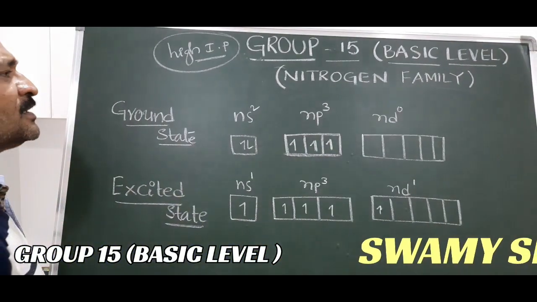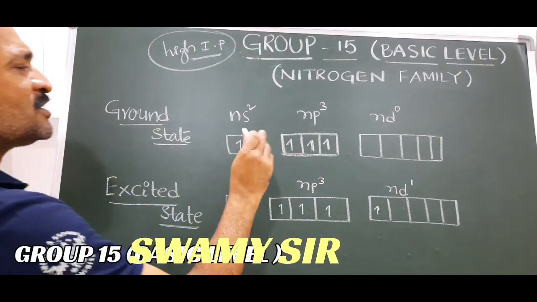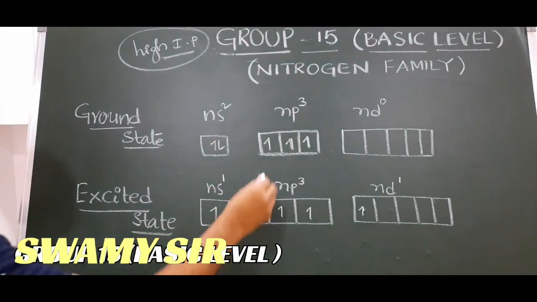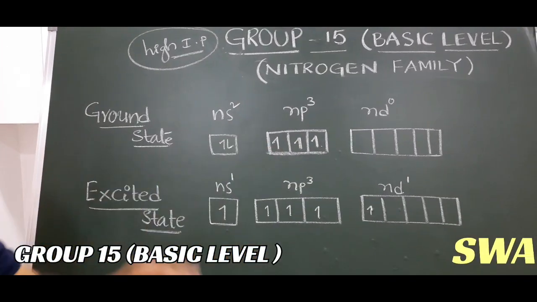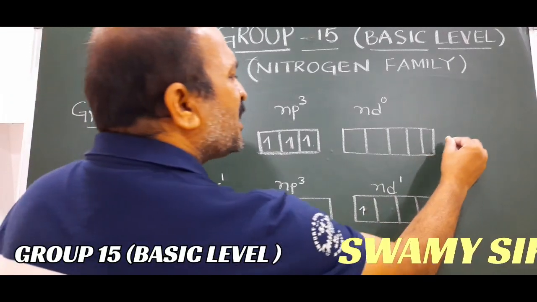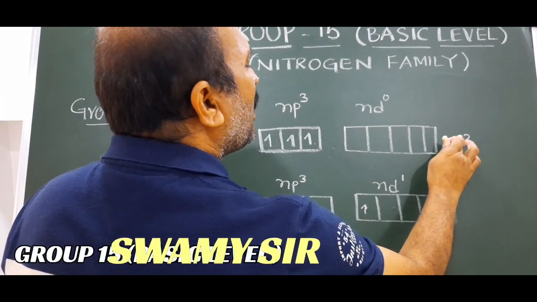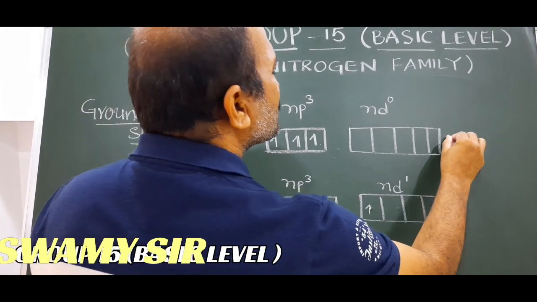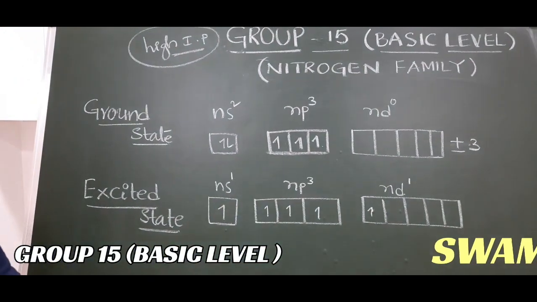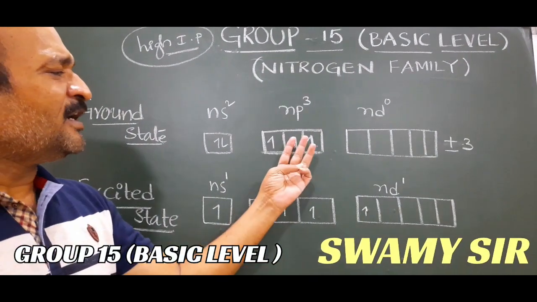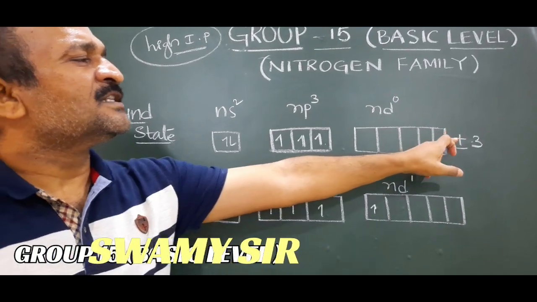Remember that point. What unpaired electrons are available in the ground state to participate in the reaction? There are 3 unpaired electrons. Due to these 3 unpaired electrons, it may gain 3 more electrons, or it may lose 3 electrons. So there is a possibility of +3 and -3 oxidation states. When it loses 3 electrons in chemical bond formation, it gets +3.